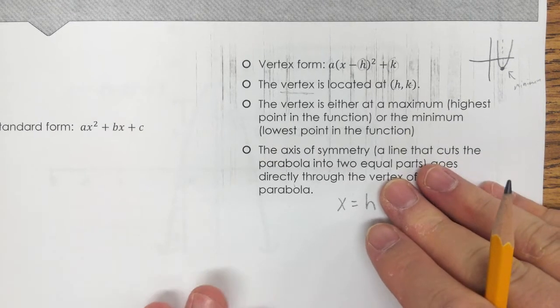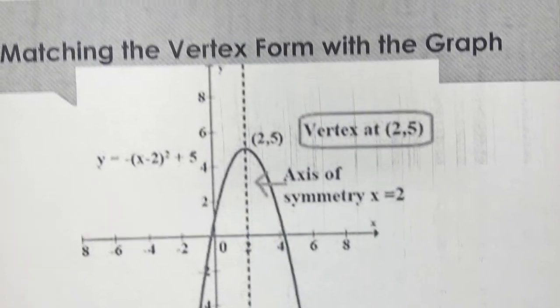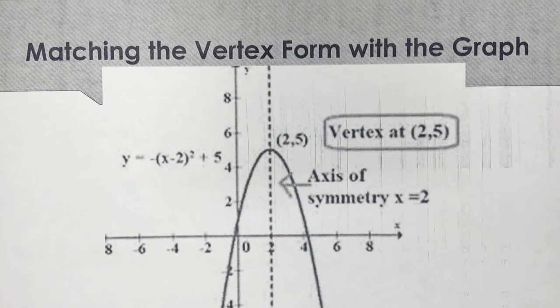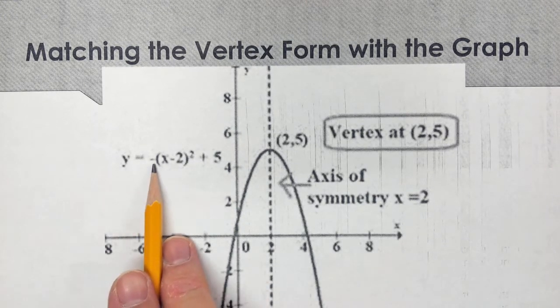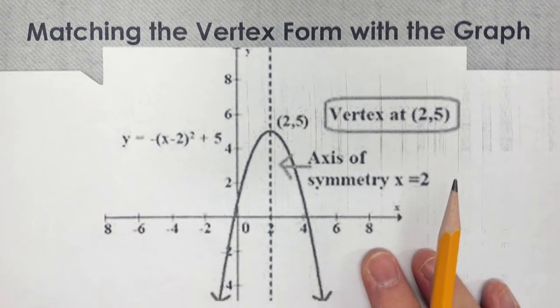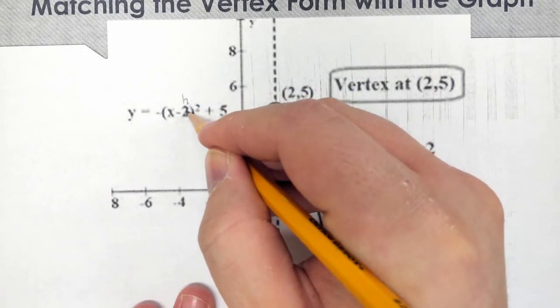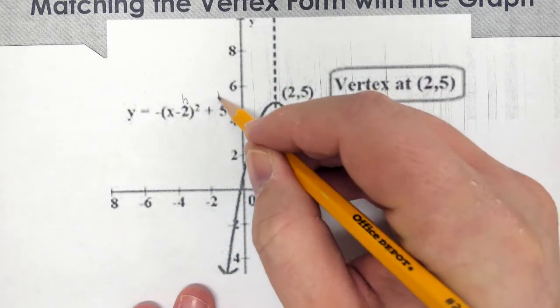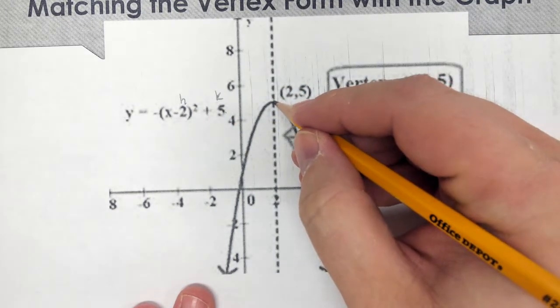Okay, so let's look at a little example. So this is matching the vertex form with the graph of our parabolas. Okay, so they give us this equation, y equals negative quantity x minus 2 squared plus 5. Well, I can see that my h here is 2, and my k here is 5. So that's the value of my vertex. That's where my vertex is.